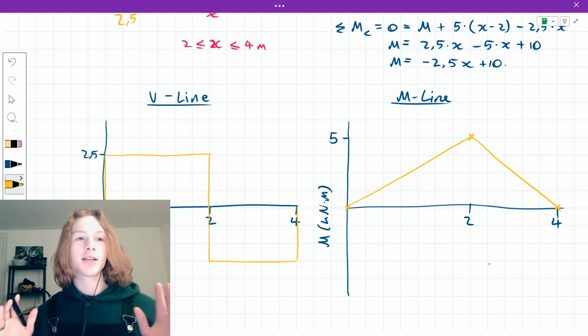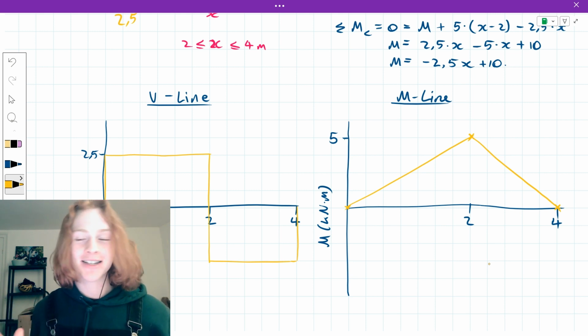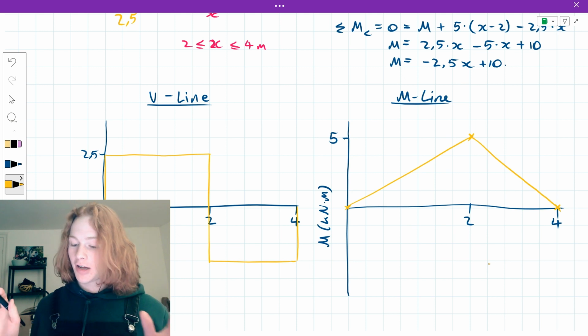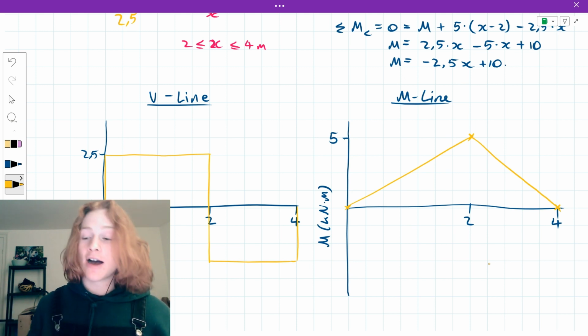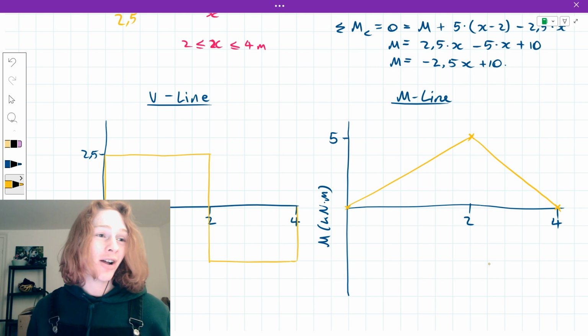Yes, this diagram is not quite to scale. I messed up my x-axis. However, you can clearly see here that this really isn't very complex.